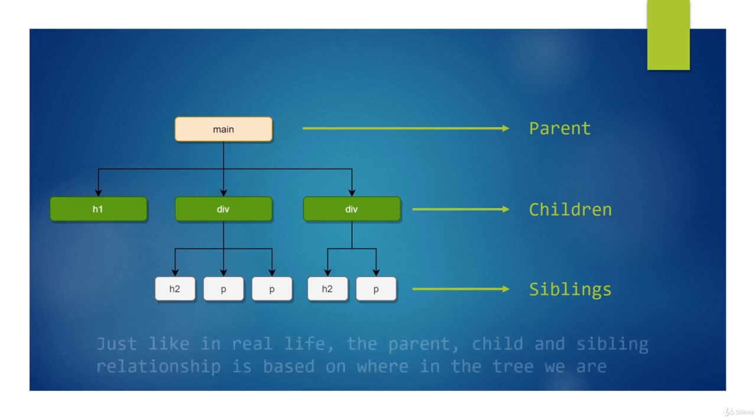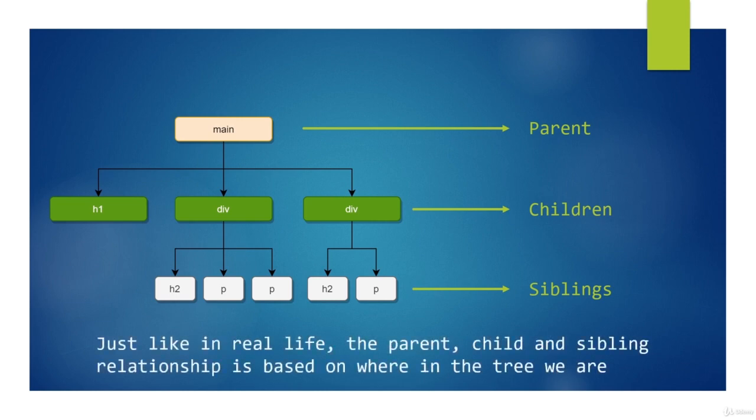The point I'm trying to make is that just like in real life, the parent, child, and sibling relationship is based on where in the tree we are and what we're looking at. Almost every element, depending on the angle with which we look at them, can play multiple family roles. You yourself may have a child, in which case you'll be the parent, but you yourself may also have a parent, your mother or father.